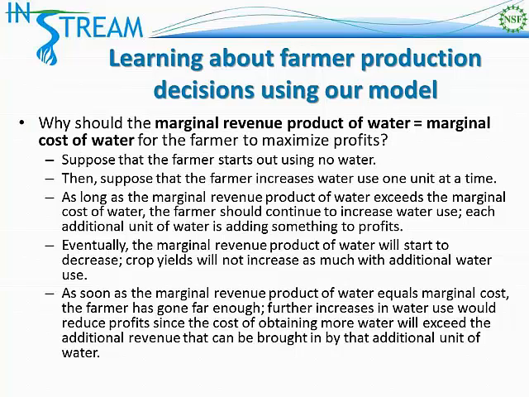Because additional units of water are going to cost you more money. Okay? So you don't want to be in this situation where the marginal revenue product of water is less than the marginal cost of water, because there the farmer is going to be paying more for that unit of water than what he will be getting in additional revenue from using that unit of water.